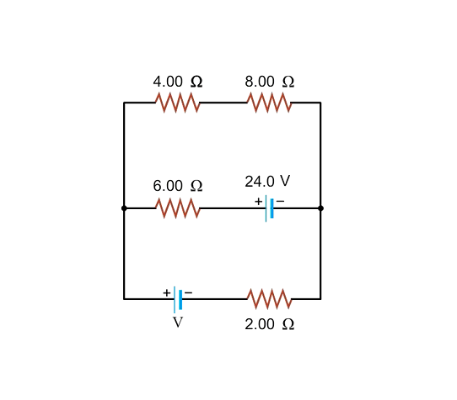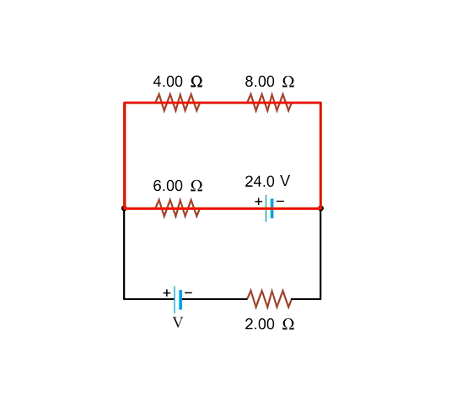We begin by examining the number of loops in the circuit. There are 3 distinct loops. One loop is the bottom loop of the circuit consisting of the 6-ohm resistor, the 24-volt battery, the 2-ohm resistor, and the battery of unknown voltage.